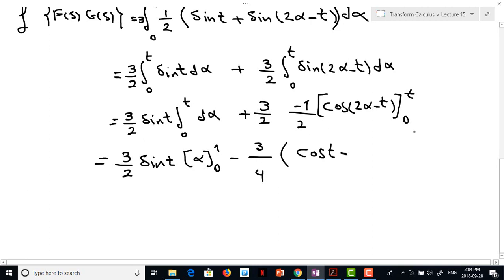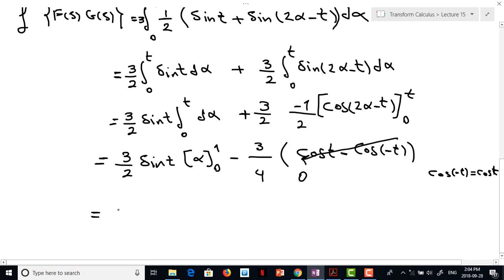And if I apply the lower limit 0, it's going to be 2 times 0 is 0 minus cosine of minus t. So you know that cosine of minus t is equal to cosine t. As a result, this term is equal to 0. Why? Because cosine of minus t is equal to cosine t. So we have cosine t here. Cosine t minus cosine t is equal to 0.